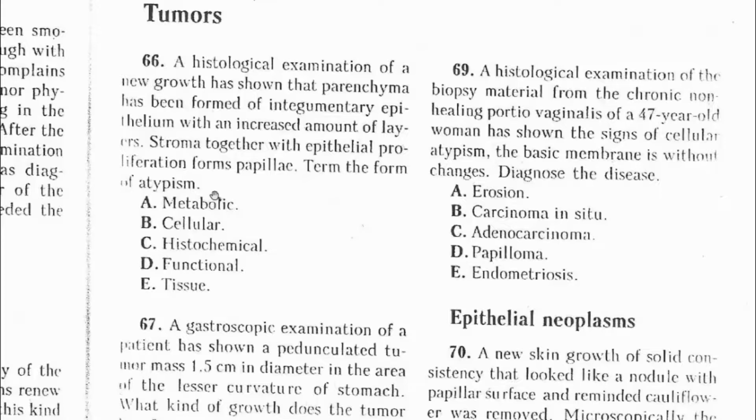Therefore, the form of atypism here is what? Tissue. I know it sounds confusing, but don't be confused. It's when the tissue is a mass of what? Tissue. A mass of tissue. So your answer is E.